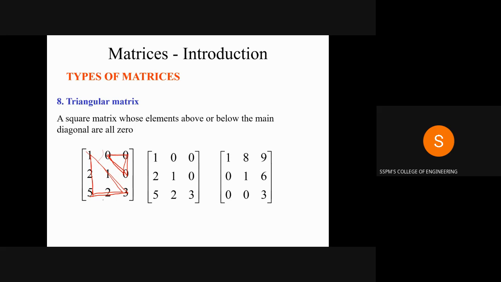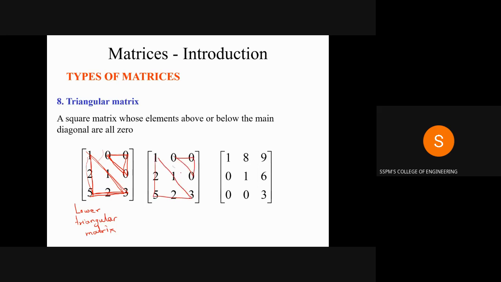Therefore, this is called a lower triangular matrix. You can see the triangular shape here. So this is also a lower triangular matrix.